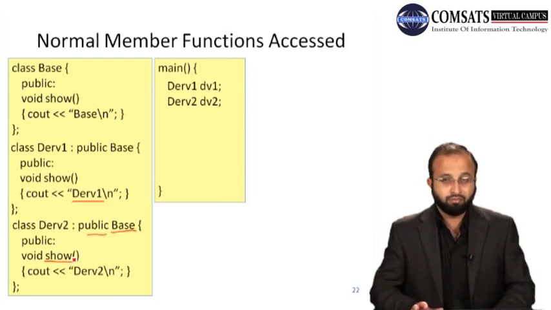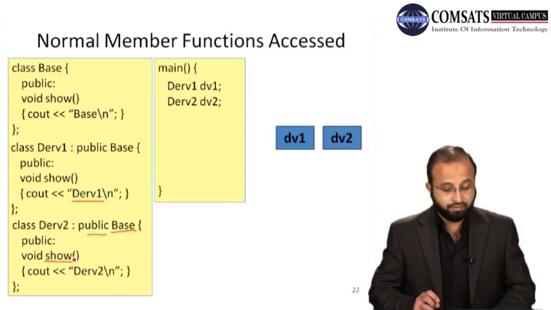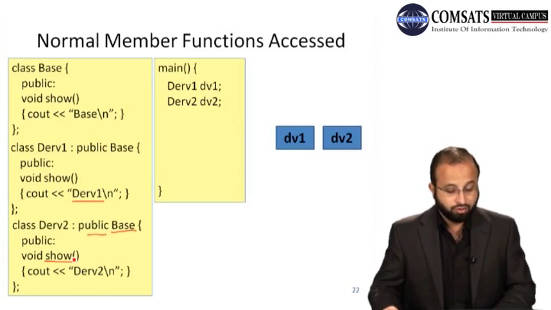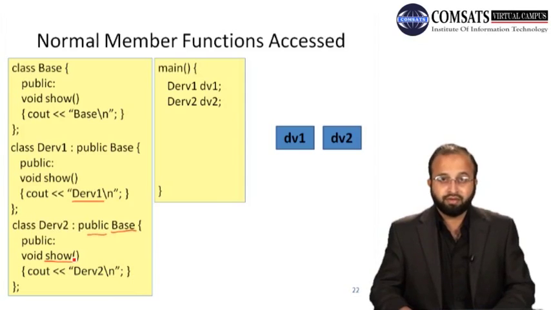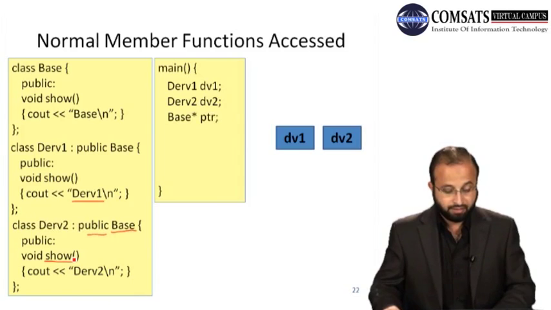So that is no problem. We can override the function definition in the derived class. So अब जो show function है ये display कर रहा है drv1, right? So that is derived class 1, and then this is derived class 2, drv2, and it is also inherited from the base class. Type of inheritance is public.